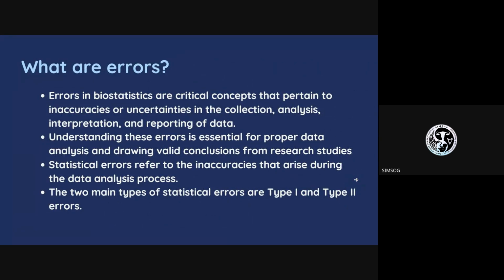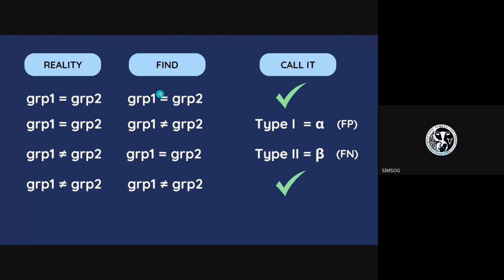So what are errors in biostatistics? Those are critical concepts that pertain to inaccuracies or uncertainties in any of the techniques in biostatistics. Understanding these errors is essential for proper data analysis and drawing valid conclusions. There are two main types. Now imagine if reality says both groups are similar, and we find both groups are similar, then that is fine. If both groups are not similar in reality and we find that both groups are not similar, that is also fine.